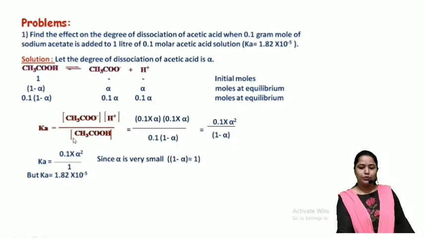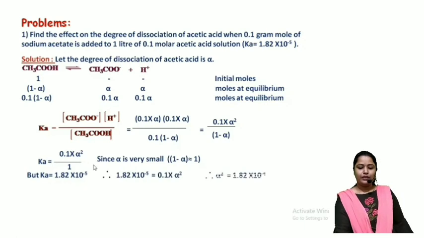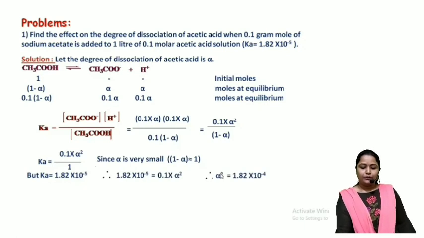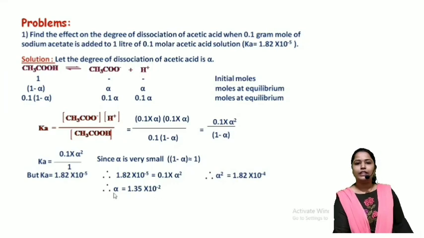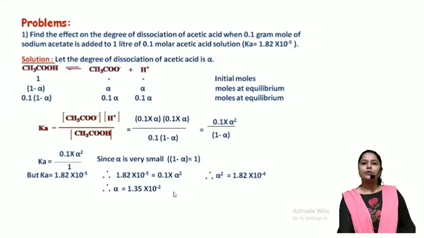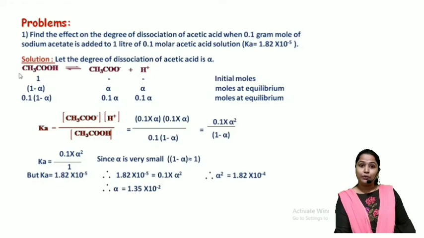If we use this value in that equation, we get the value of alpha like this. Therefore, if we take the square root of alpha square, we get alpha, and its value is equal to 1.35 into 10 raised to minus 2, where alpha is the degree of dissociation of acetic acid before the addition of strong electrolyte.